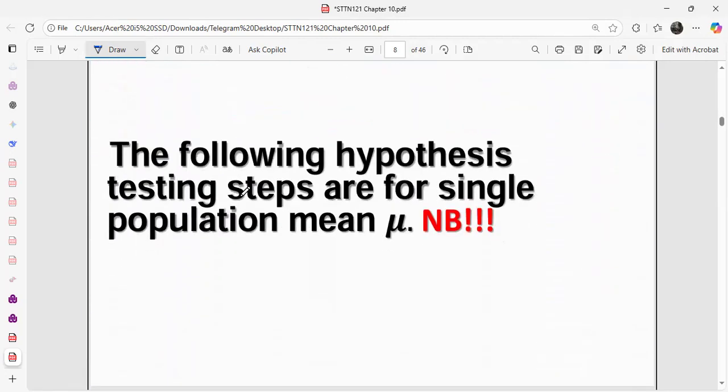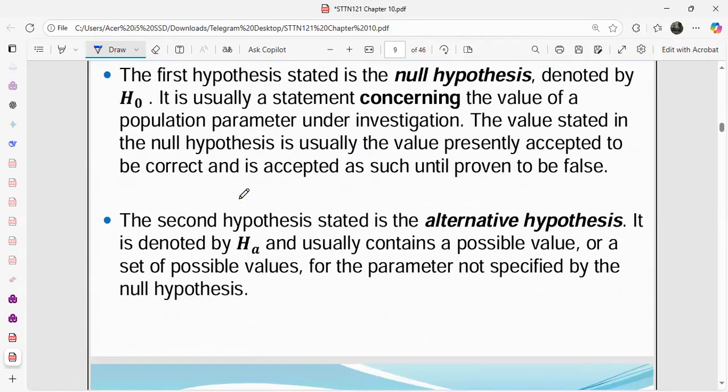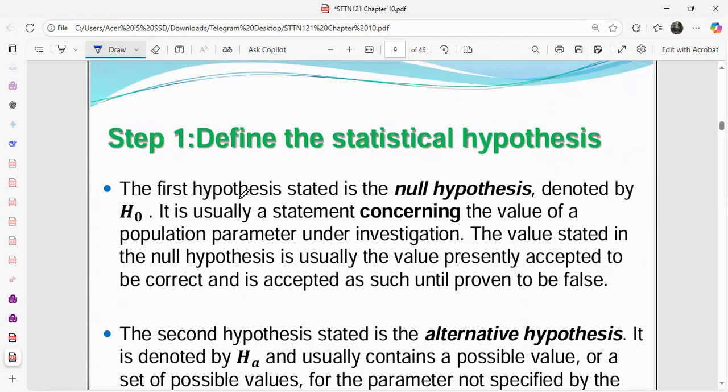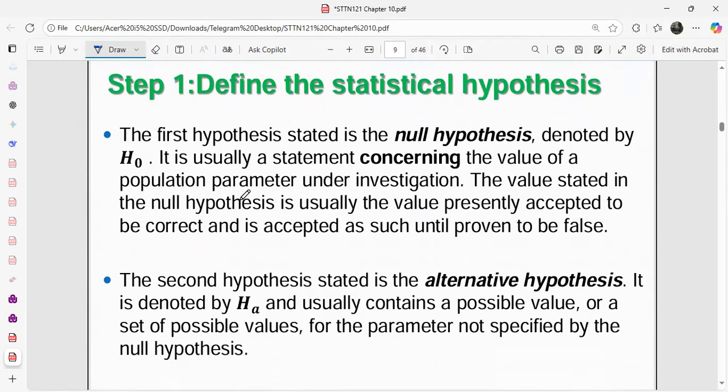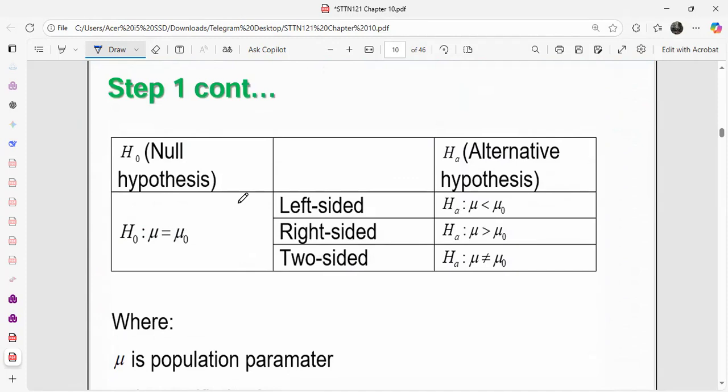Then let's see. Okay, I think we talked about making the alternative. Now for the null hypothesis, we always use the equal sign. You say the population parameter is equal to the value in the null hypothesis.